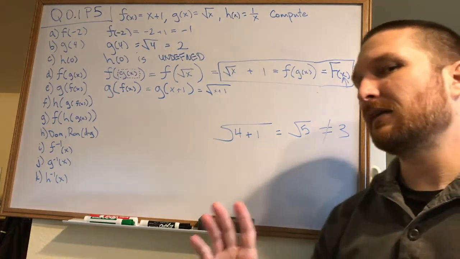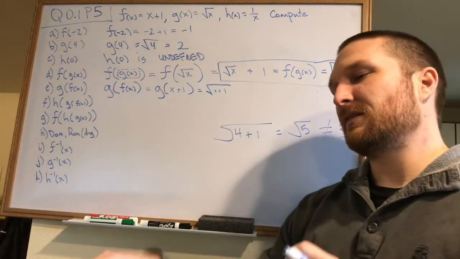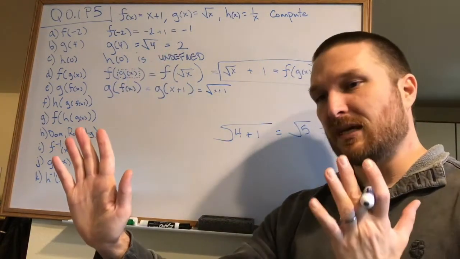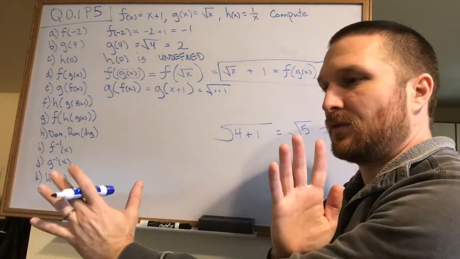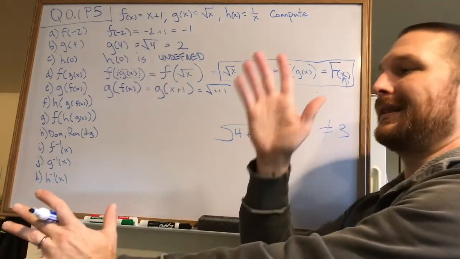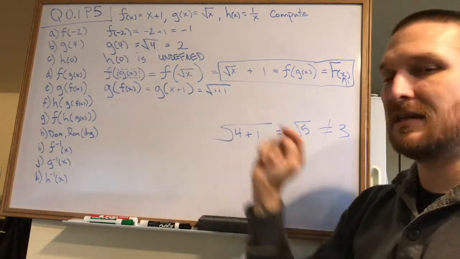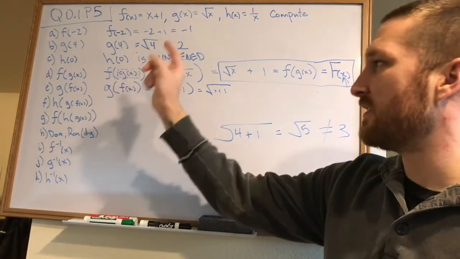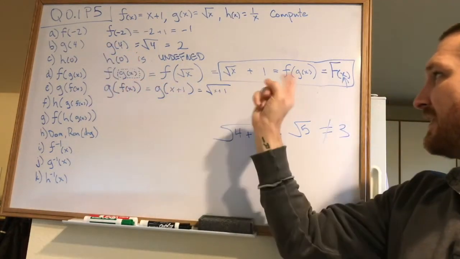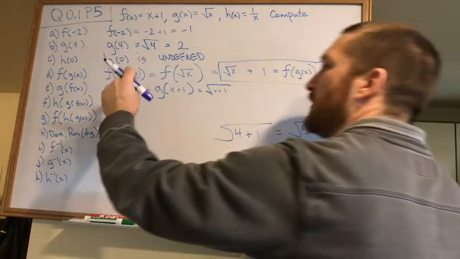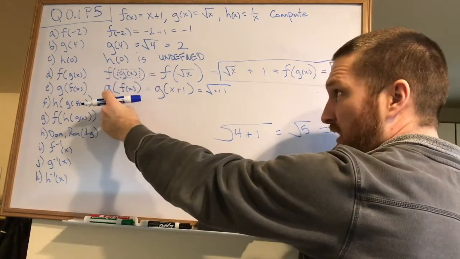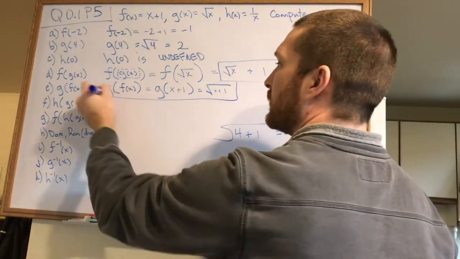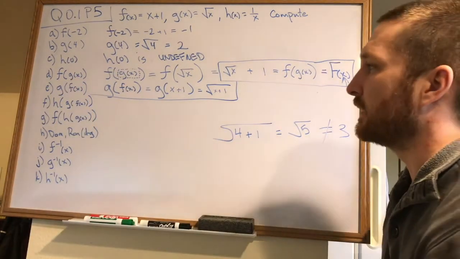What we're seeing is, unlike addition and multiplication, where A plus B is the same as B plus A, this is not the same kind of thing, right? This says do G first, then do F, and you'll get this. This says do F first, then do G, and you'll get something different. And so that is what we're looking for right there.